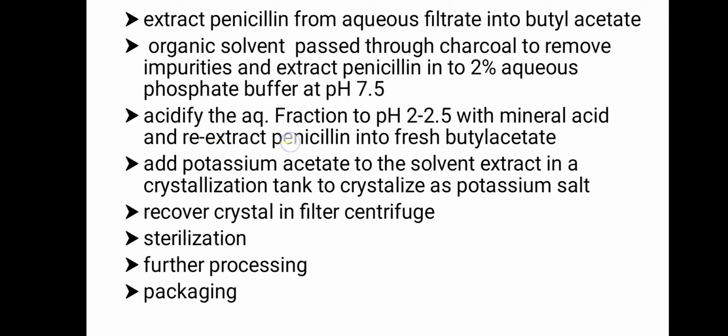Then the aqueous fraction is acidified, wherein the pH is brought down to 2 to 2.5 by adding a mineral acid. And again the re-extraction of penicillin into fresh butyl acetate is done. Along with this, potassium acetate is added to the solvent, and then extraction is done in the crystallization tank, and the potassium salt of the penicillin is crystallized.